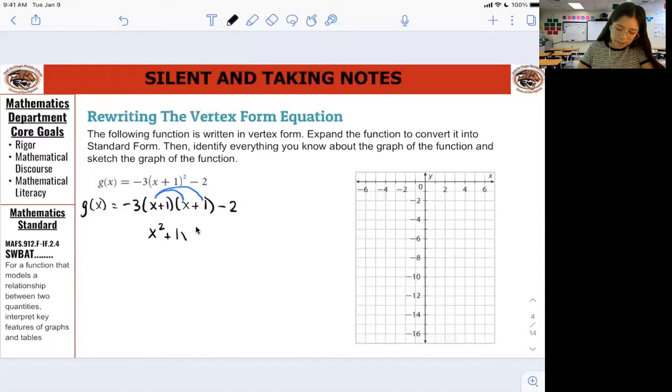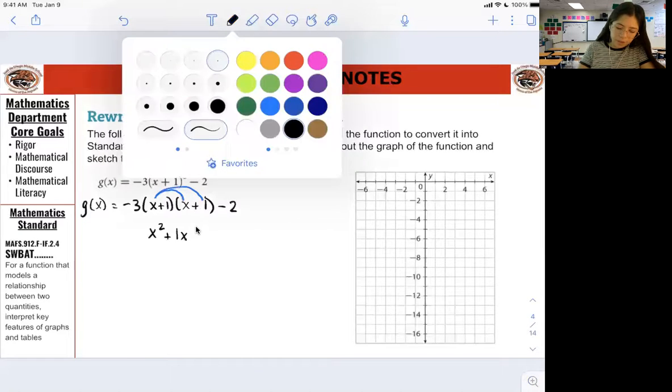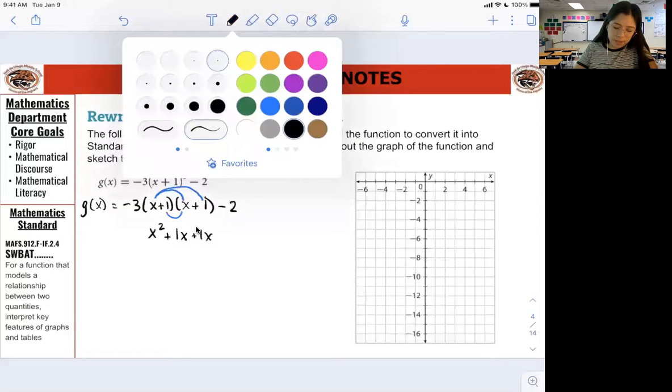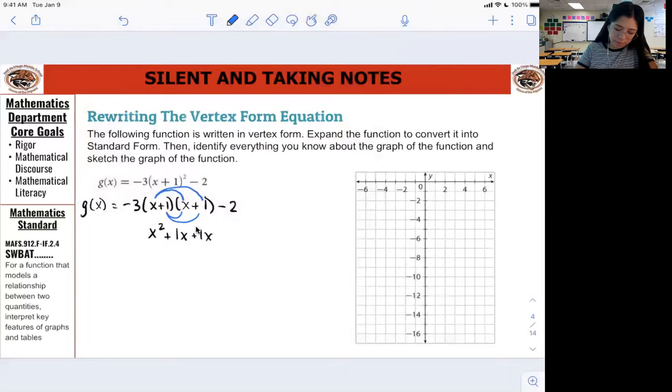I'm going to write 1x because that just helps me to remember that it's a 1. 1 times x, the same thing, 1x. And 1 times 1? 1. Okay, I'm going to bring everything down. Now what?